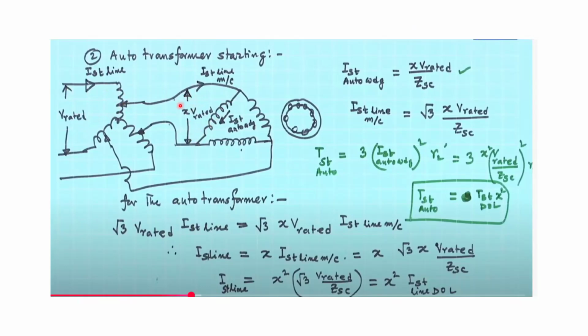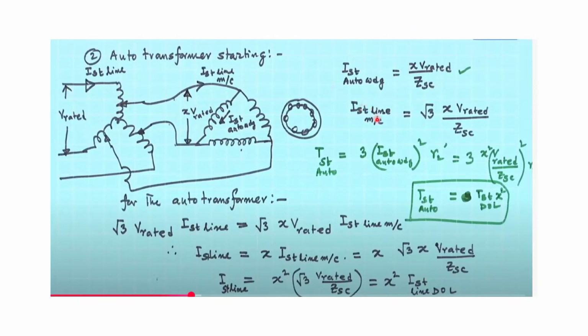So here also you get X V rated, but there is something else which happens. Here also, I starting is X V rated by ZSC, because the voltage becomes X times V rated.